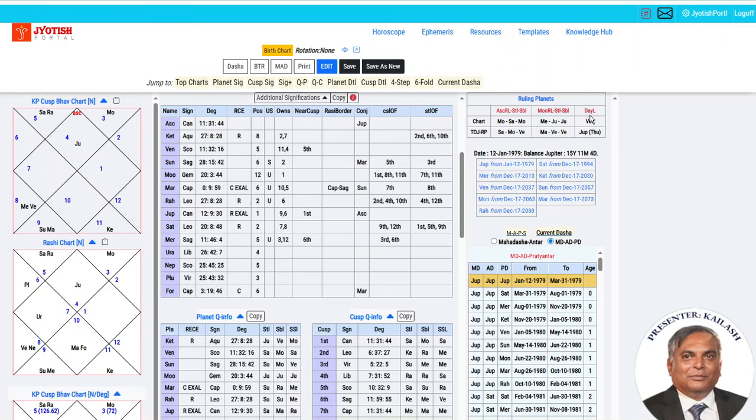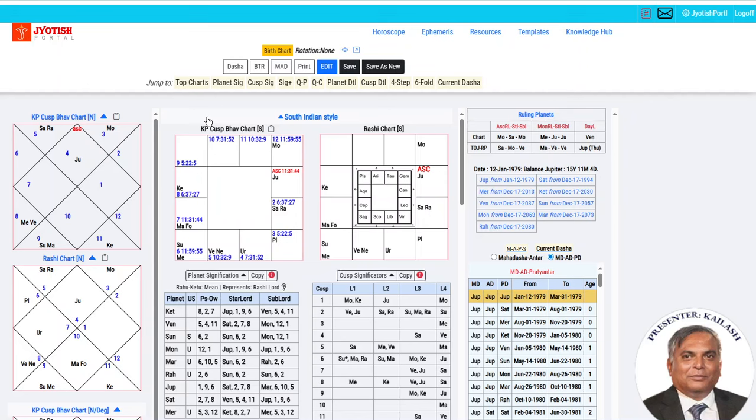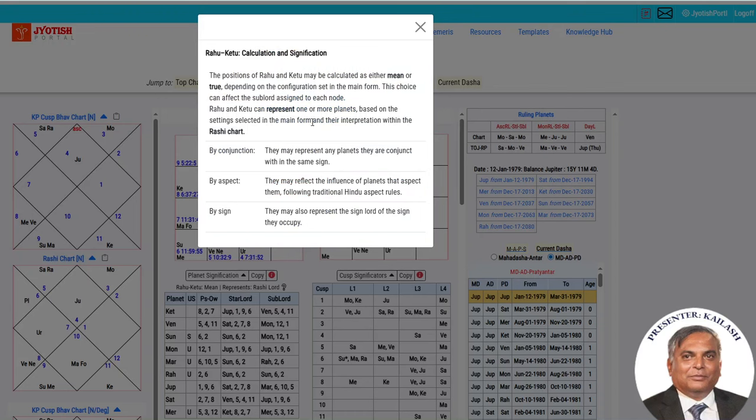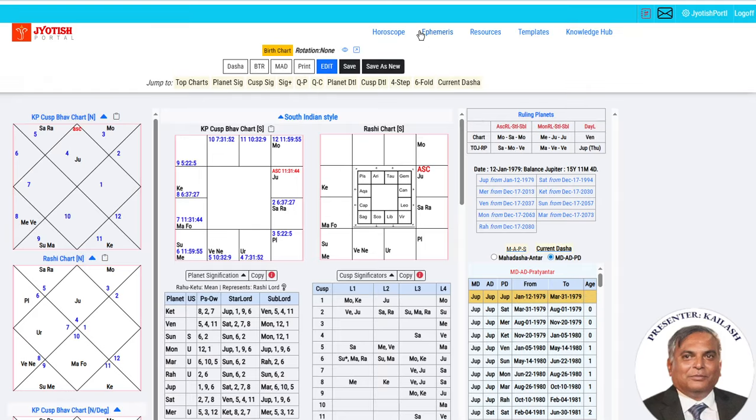There are two small changes that we made to the Jotish portal. One is this flag about the mean or the true position of Rahu and Ketu. When you click on it, it will also give you some more detail, a kind of helper note. And another important one is this eye icon.